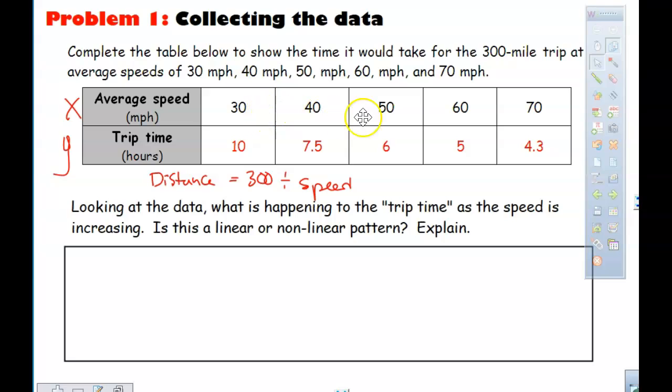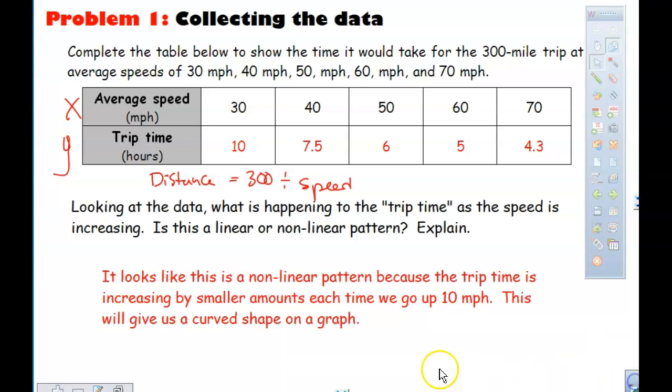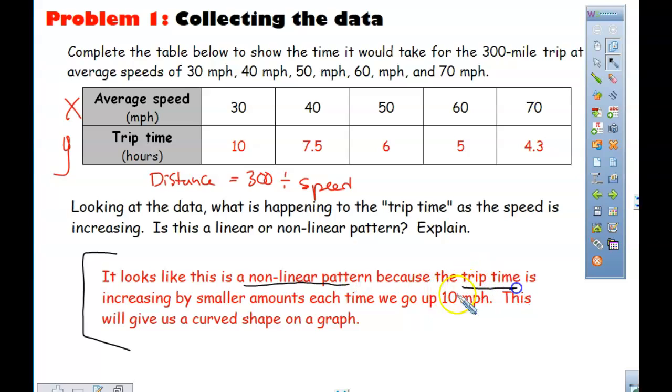So it says, looking at the data and what happened to our trip time as the speed increases, is it linear or non-linear? Are we subtracting the same thing each time? Definitely not. Please write this as you are taking a look. In that box, it looks non-linear because the trip time is decreasing by smaller amounts each time we go 10 miles an hour faster.